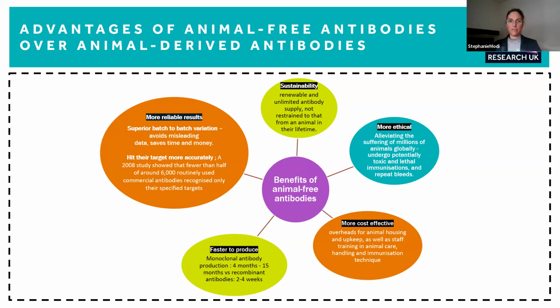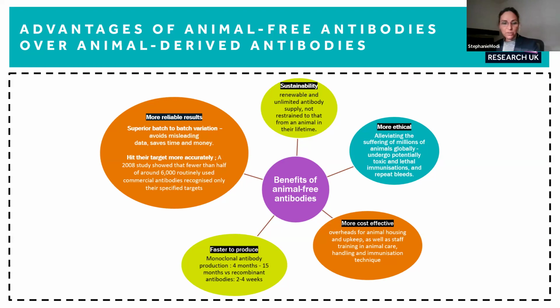You're not going to have to pay for animal housing and upkeep, staff training in handling the animals and the immunization technique. And if you've got that reproducible stock of sequence-defined antibodies that you can keep producing, although there may be some cost to set up the library in the first place, in the long run, it's going to be much more cost-effective.